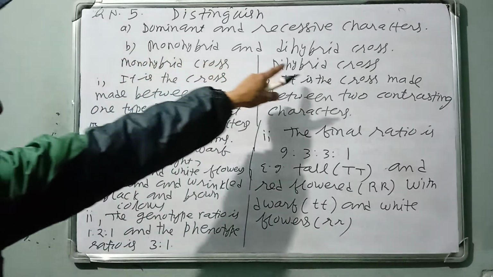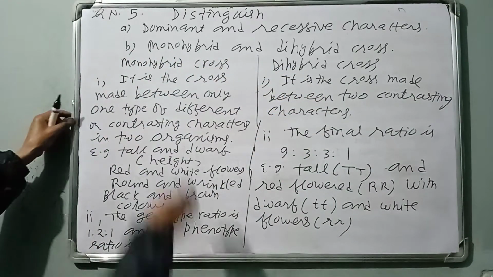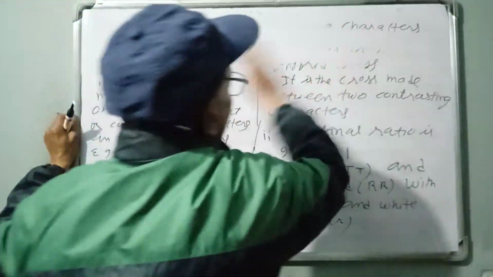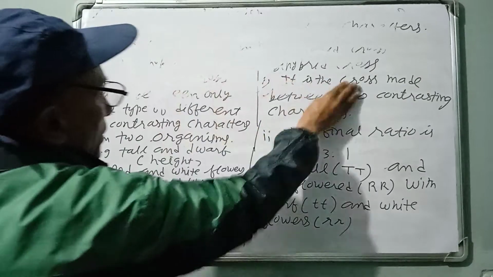Question number 5A, dominant and recessive characters, write yourself. 5B, monohybrid cross and dihybrid cross. And question number 5C is better to write down.